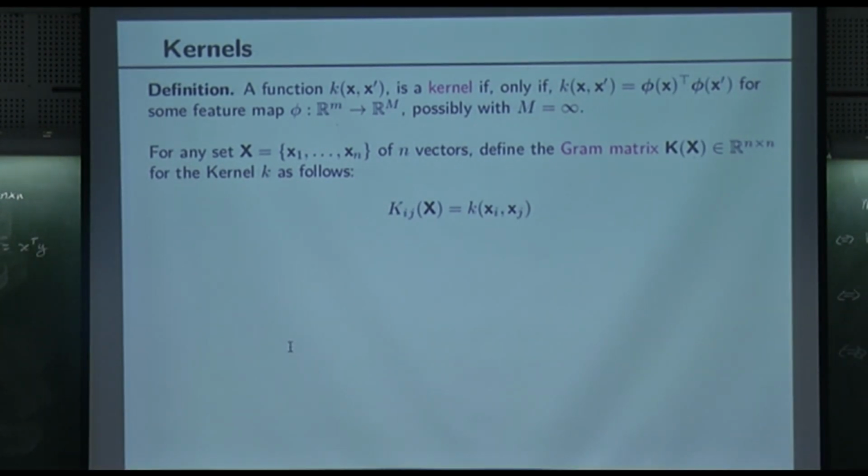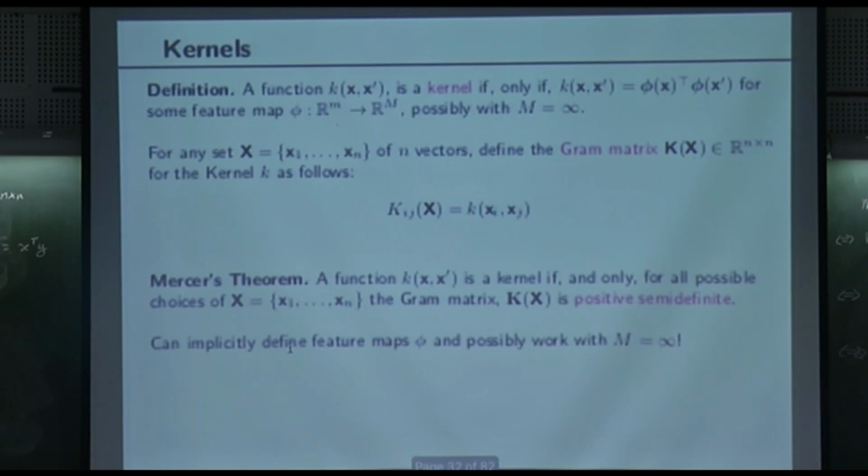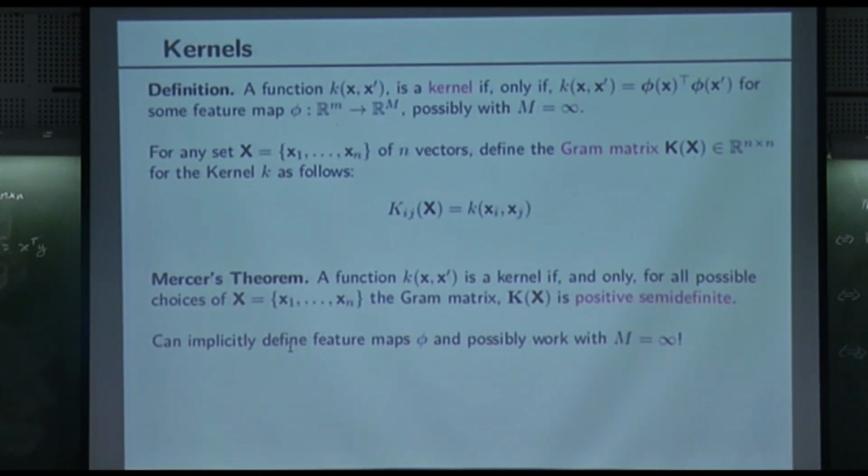If that happens, there is a very nice theorem called Mercer's theorem, which says a function k(x, x prime) is a kernel if and only if for all possible choices of x1 through xn, the Gram matrix K is positive semi-definite. As long as you check this positive semi-definiteness, it's going to be a kernel matrix, meaning that I would be able to find this phi that will work.